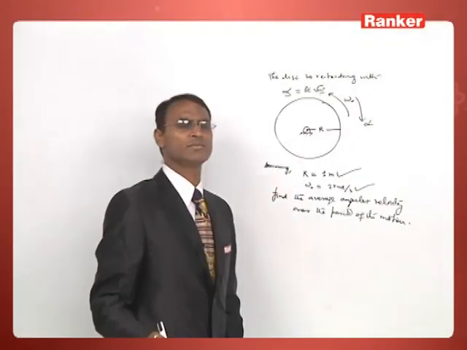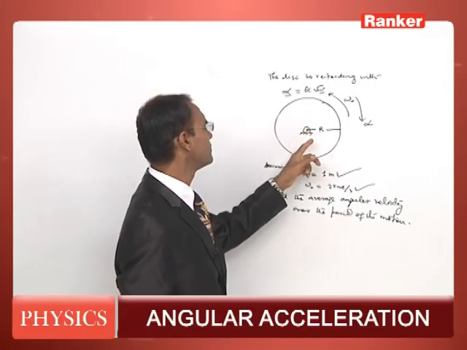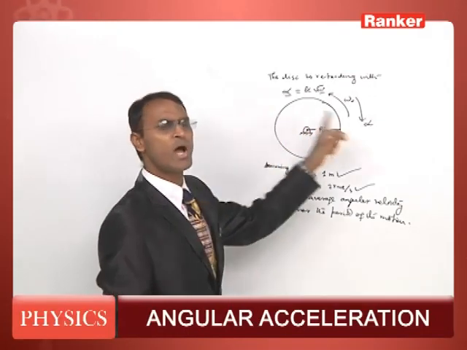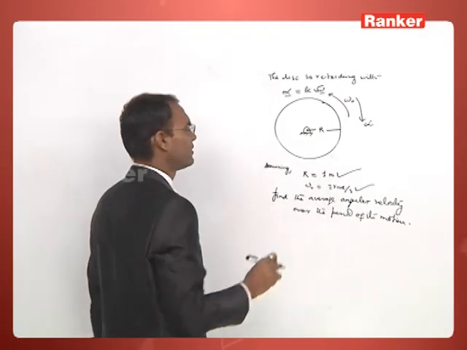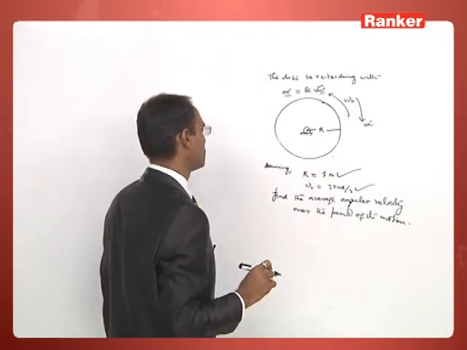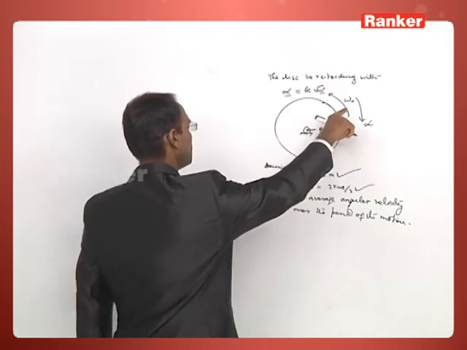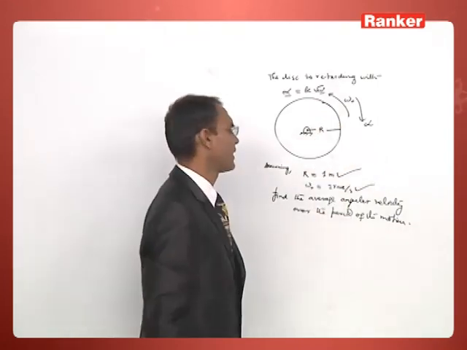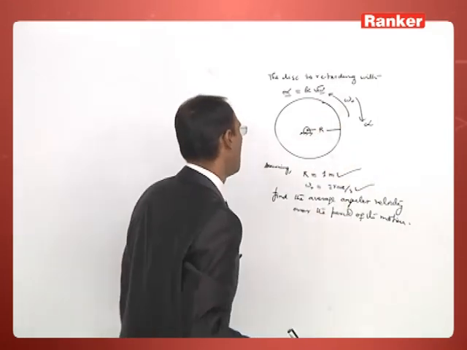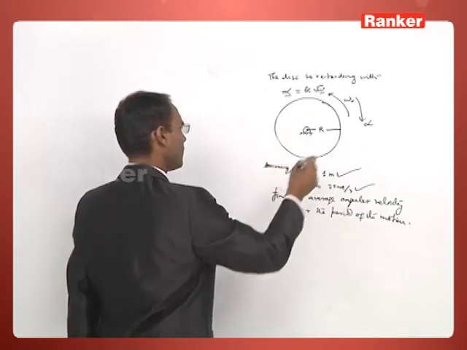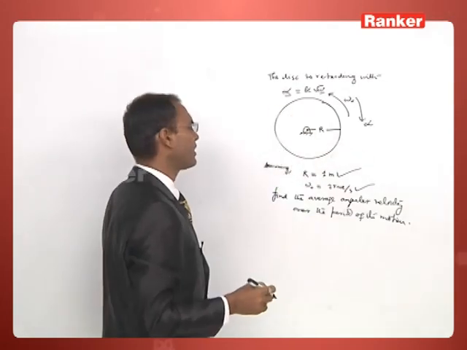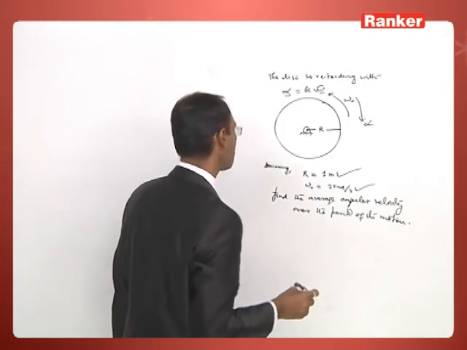Since it is retarding, sooner or later, today or tomorrow, it will stop. The time of rotation we need to calculate. And initial angular velocity is given. What is the total angular displacement or angular distance that we need to also calculate?